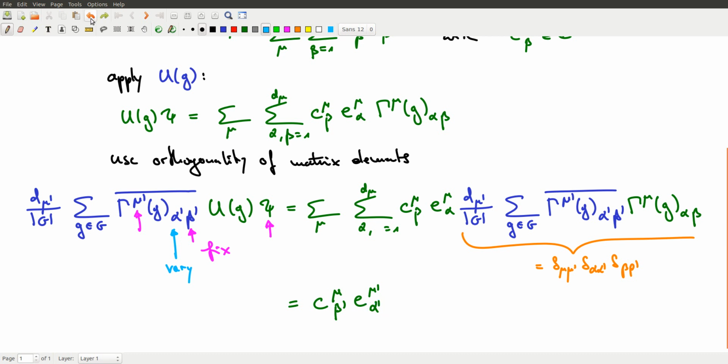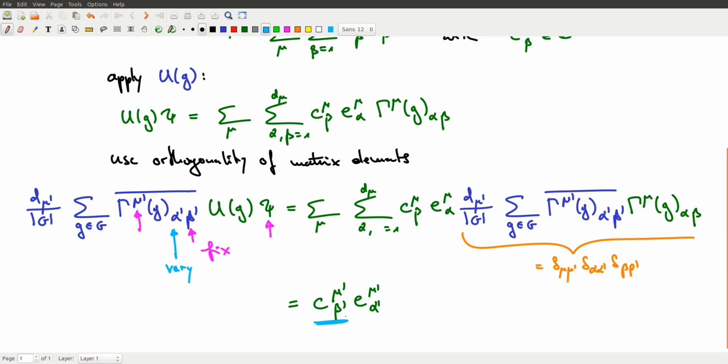So this means that if this number is 0, then this expression is always 0, because we fix this. This was actually a mu prime, by the way. There's no mu left. Okay, so if this is 0, then it's always 0. This term on the right hand side here.